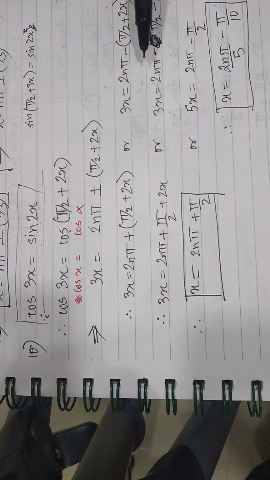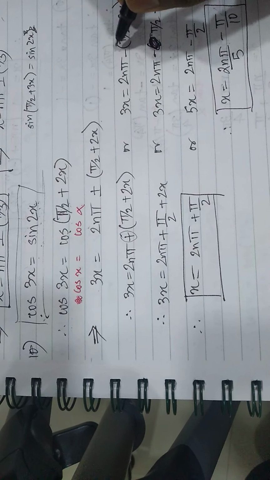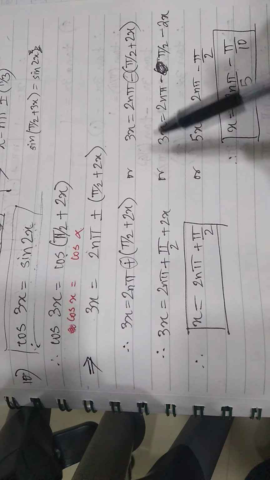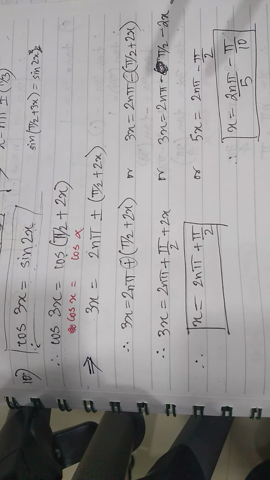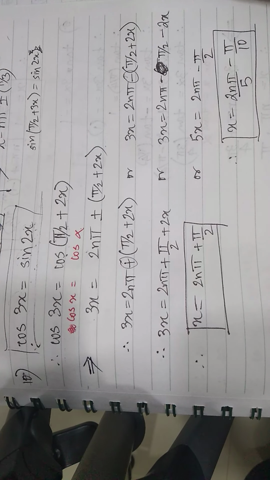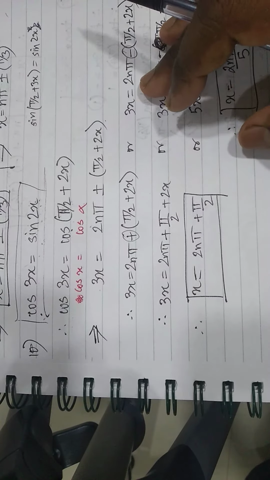So I'll have to solve them separately. First by taking plus here, I'm just circling it for you, and minus. Okay, so these are simple algebraic steps which are there. So again you can pause the video, go through it. So I hope you've understood how this problem has panned out.